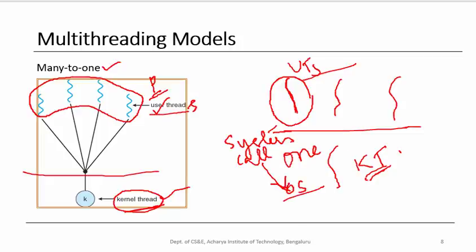So the operating system is busy serving this thread, whereas if other threads want to utilize the services of the operating system, they cannot do so because the operating system is already busy serving the request made by one of the threads. So that's the disadvantage with this many to one model.